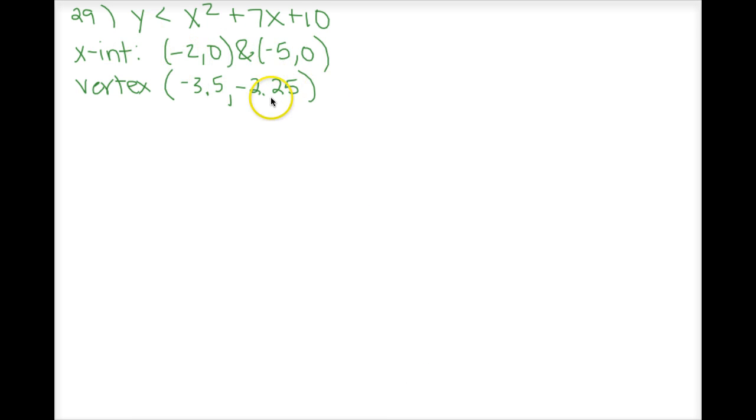This is all you would write down, and then you would actually plot it. So you would take those X-intercepts, one at -2, one at -5, and plot those. Then you would plot the vertex, so -3.5, -2.25, so it would be right here.